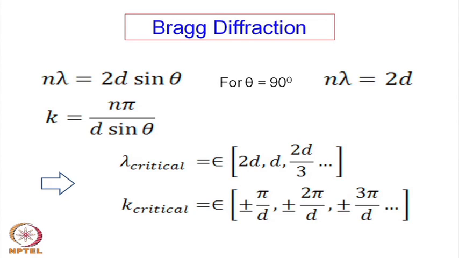As we know, whenever there is a periodic lattice through which an electromagnetic wave is passing, there will be some scattering, and under certain conditions that scattering becomes a constructive interference, which is given by the so called Bragg diffraction, that is n lambda equal to 2 d sin theta. That also applies because the electron is being considered here as a wave, a kind of electromagnetic wave.